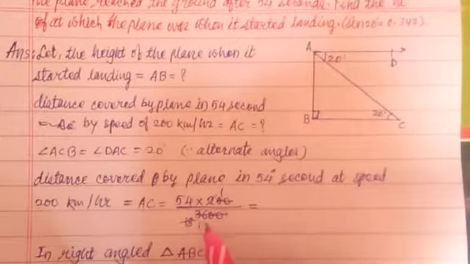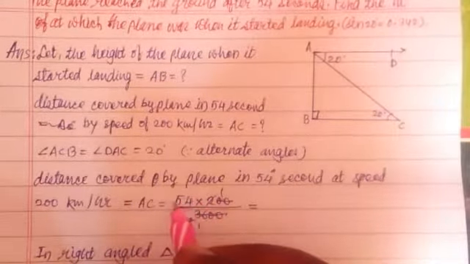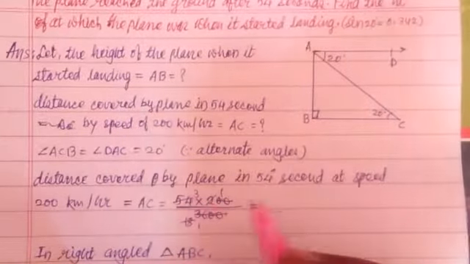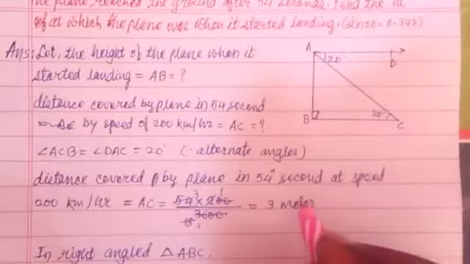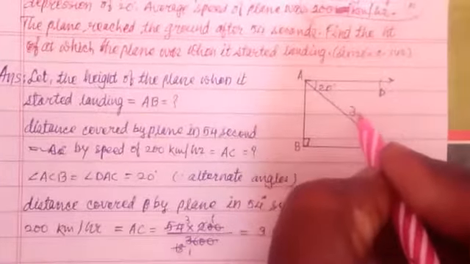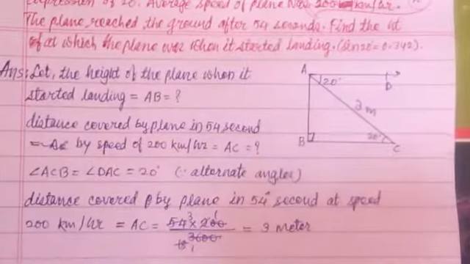Now 18 ones are 18, 18 threes are 54, which is equal to 3 kilometer. The distance is 3 kilometer.